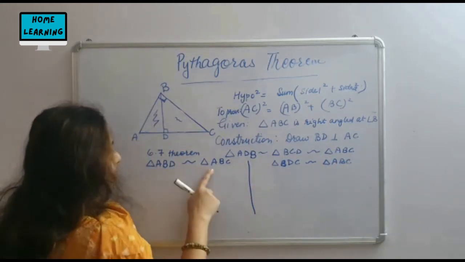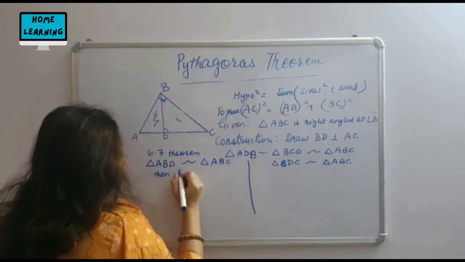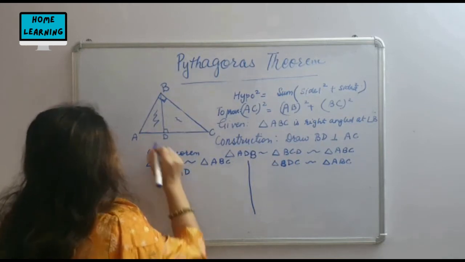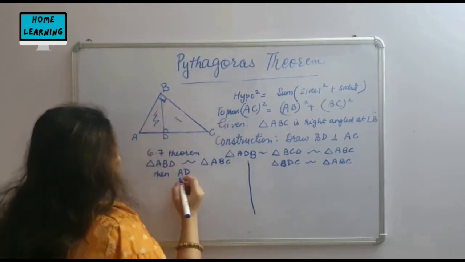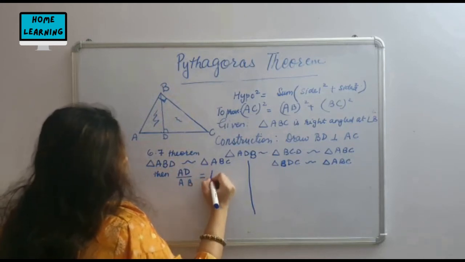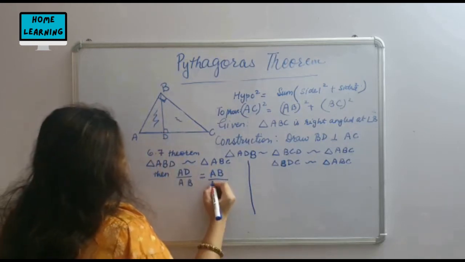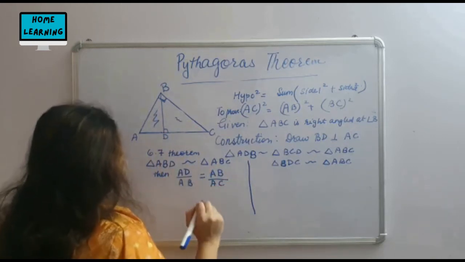Now, when these triangles are similar, then AD by AB is equal to AB by AC.